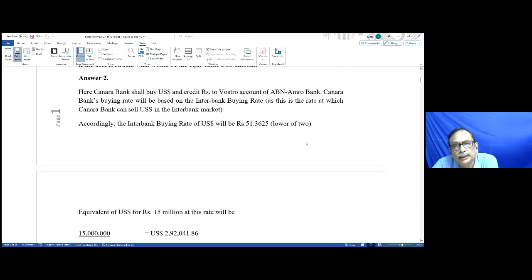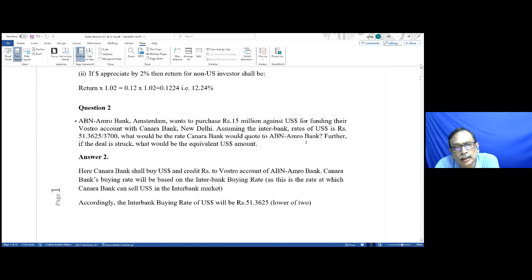The question was what would be the rate Canada Bank would quote to ABN AMRO Bank. So obviously, the rate will be rupees 51.3625, being the bid rate.